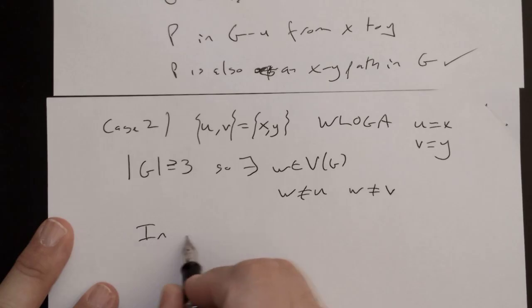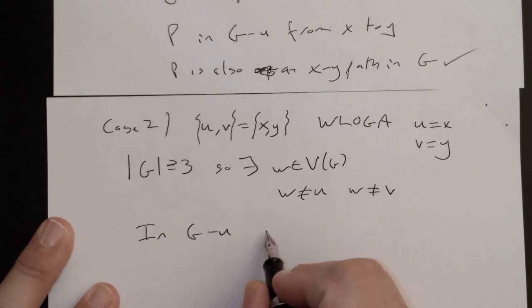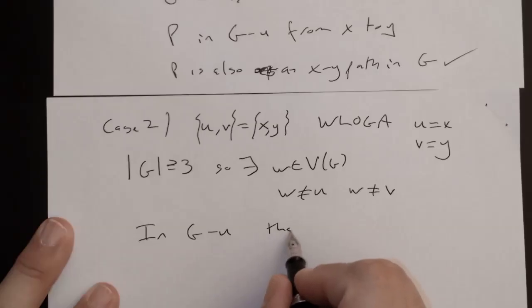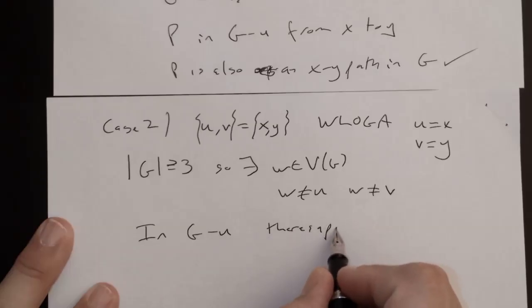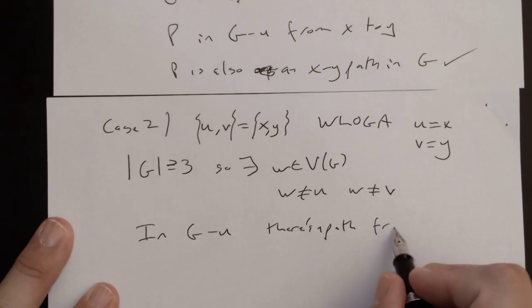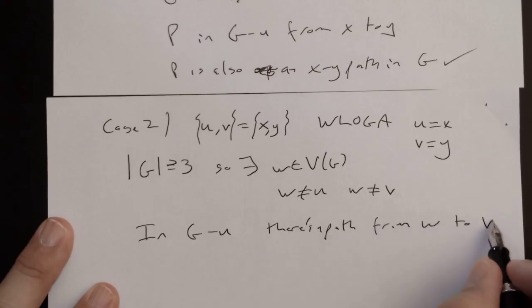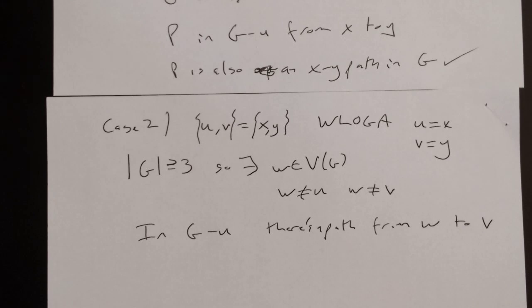In G minus U, there's a path from W to V. Why do I know that?